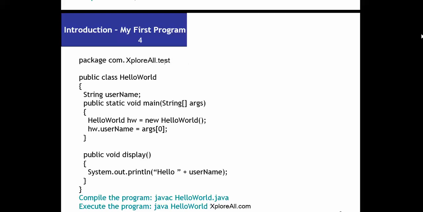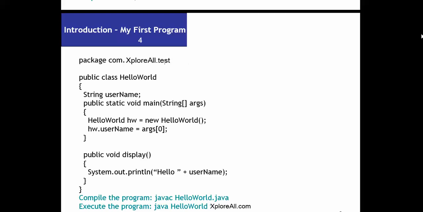I also created an object, that is HW, the instance of HelloWorld, right? HelloWorld hw equal to new HelloWorld creates an object called HW, and with that instance object I am going to assign my string username to the argument which I pass from the command line, that is explore.com. So explore.com is going to be assigned to hw.username.